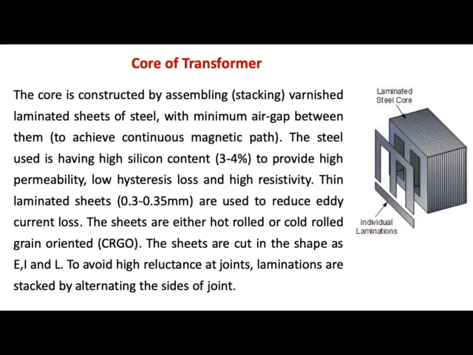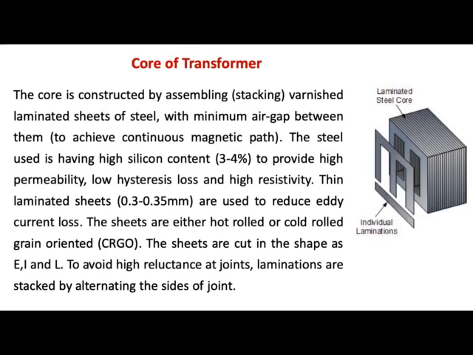If the resistance of the path increases, naturally the current will reduce. So thin laminations are used for the reduction of the eddy current losses. You want to reduce the eddy current losses, hence thin laminations are being used.